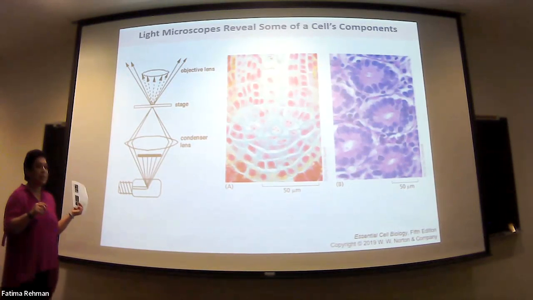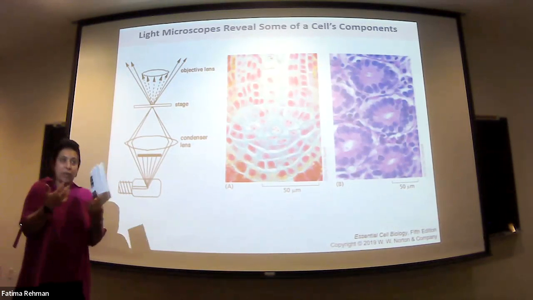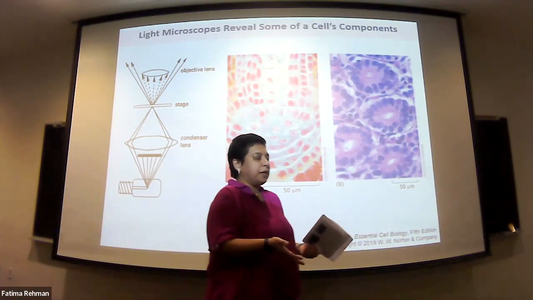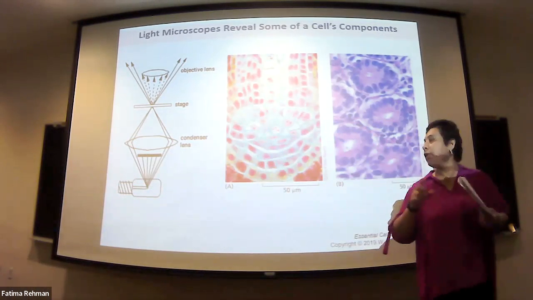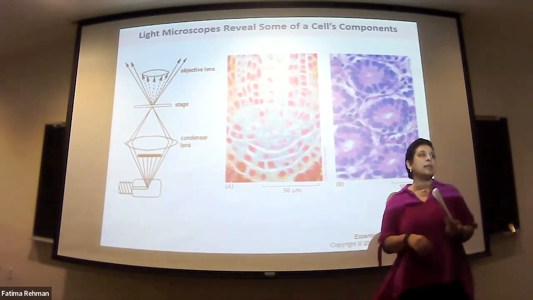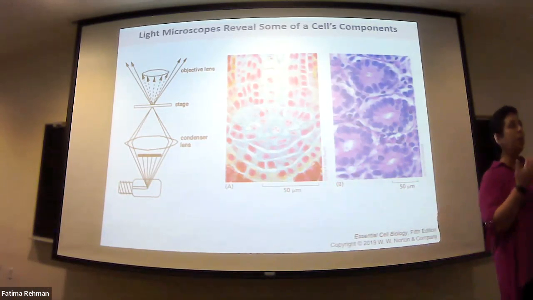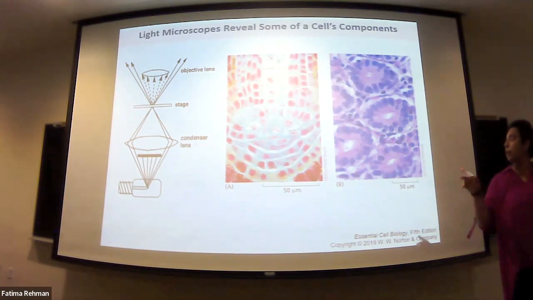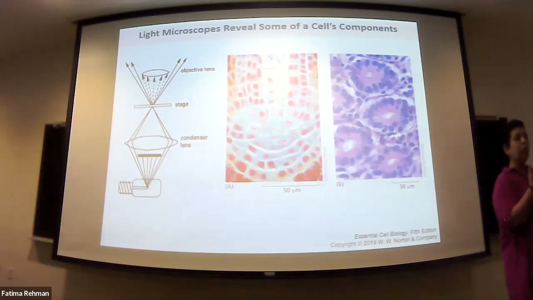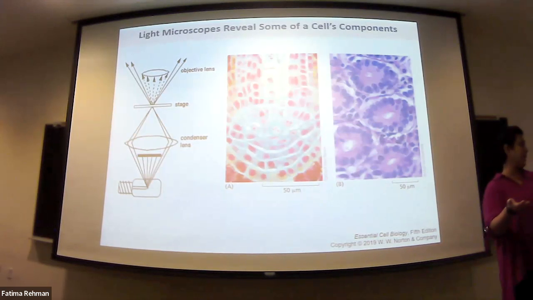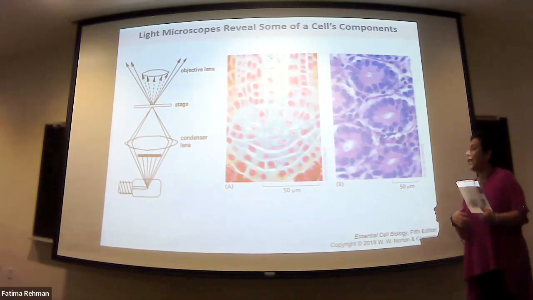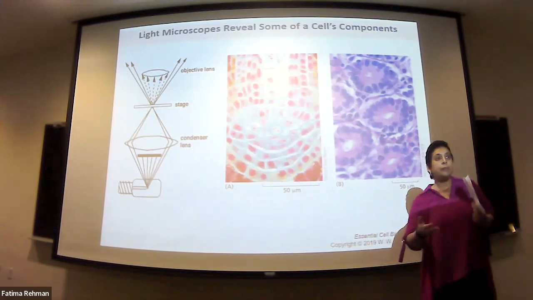So to get them to be resolved, where you can actually see any type of information on them, you have to play around with the diaphragm settings and the condenser to get a little bit of contrast. Typically in bright field microscopy, it's better to go lower with the light intensity so you can have a little bit more contrast between the background and the specimen you're looking at, so that you can examine those cells better.